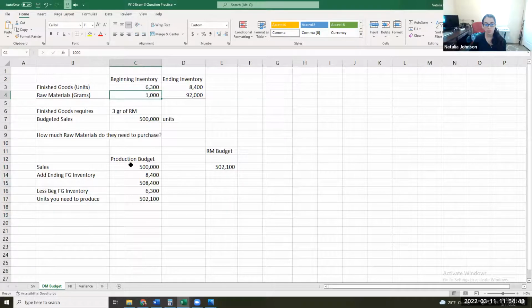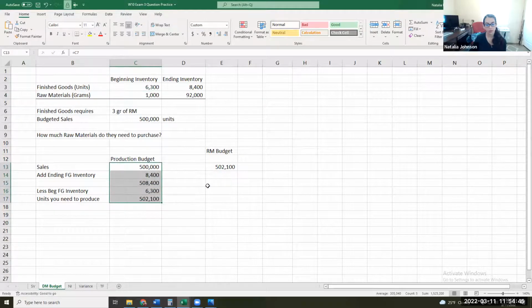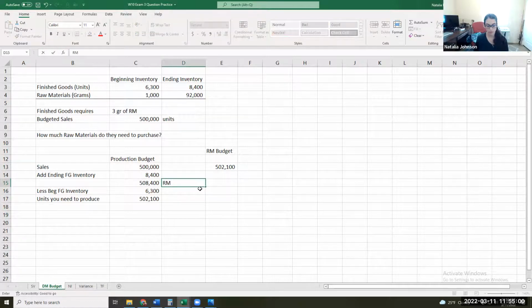Well, so far we're just doing the units. Now we're going to multiply by the grams, because we're doing the raw materials. Now that we know we need to make 502,100 units, in grams it's 3 grams of raw materials per unit, so we multiply.